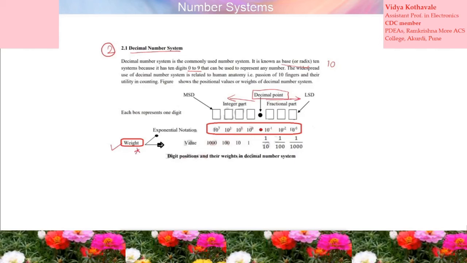Focusing on the weights, the nearest weight to the decimal point towards the left is 10 raised to 0, then 10 raised to 1, 10 raised to 2, and so on, 10 raised to 3, 10 raised to 4, it continues. For the fractional part, the power starts with 10 raised to minus 1, then 10 raised to minus 2, and so on.